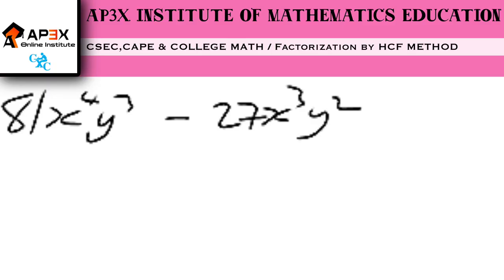Now, final 2 examples here. We have 81x^4 y^3 minus 27x^3 y^2. Now, I've given this example to my students, and majority of my students have chosen 9 as the HCF. And so a lot of the students, once they choose 9, they normally take out the correct common factors, leave right back what is left, and then they get what is a question mark.